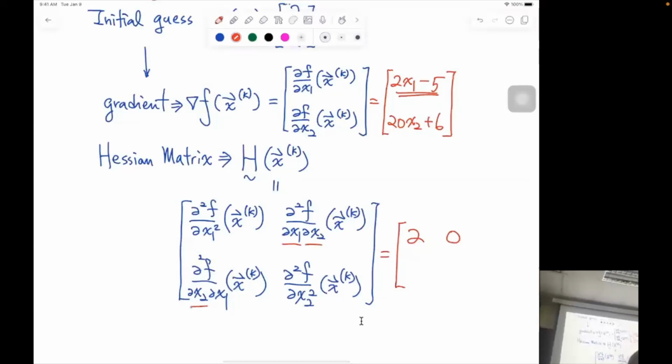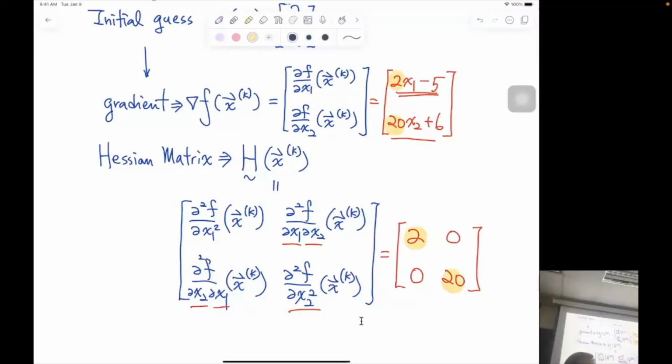So x2 first and then derivative over x1, so that's 0. Derivative with respect to x2 twice, so that will be 20. Right? So the value comes from here. Oh, sorry. I should go back. The numbers come from here. 2 and 20. Okay.